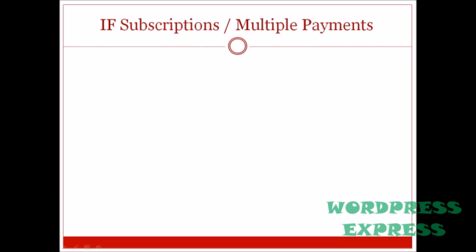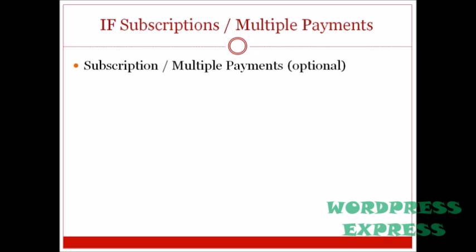Let's say you know that for a fact somebody's not going to pay $1,000 up front, but if they could afford it, they would pay $100 or $200 a month. That would be an option there. So it applies to recurring products and payments for high ticket items or low ticket items if your audience are unable to pay a certain amount.